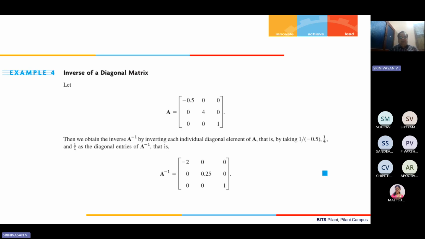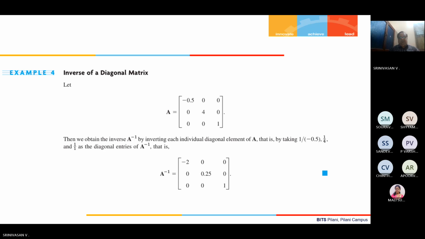Now, this is a simple example: the inverse of a diagonal matrix. Given A, we obtain the inverse A inverse by taking each individual diagonal element of A and taking its reciprocal. So A inverse will be 1 by minus 0.5, that is minus 1 by 1 by 2, which is minus 2.